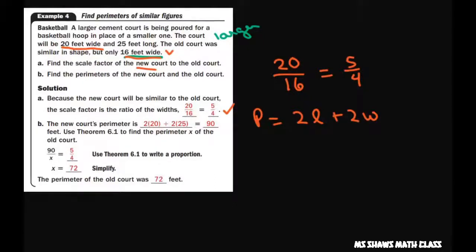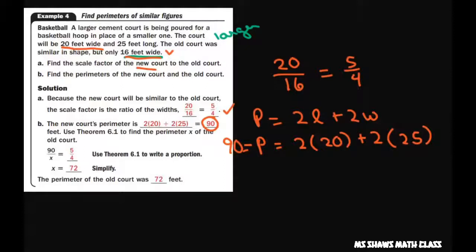So the new court's going to be 2 times 20 plus 2 times 25, and that gives us 90, which they have here.